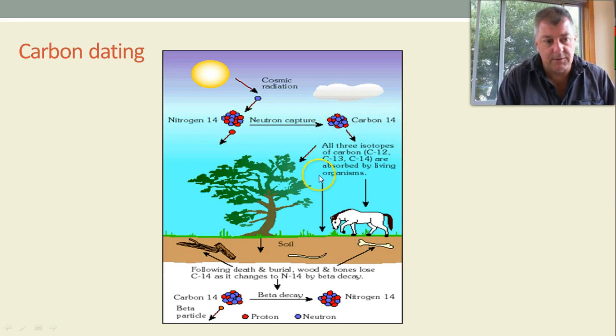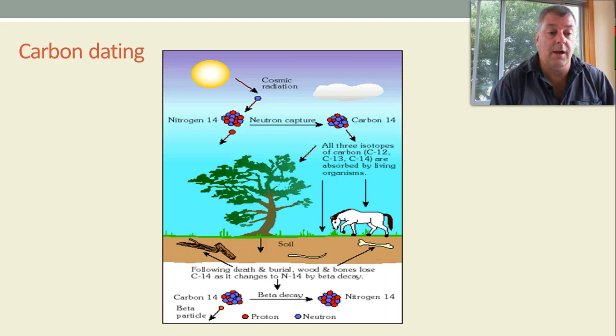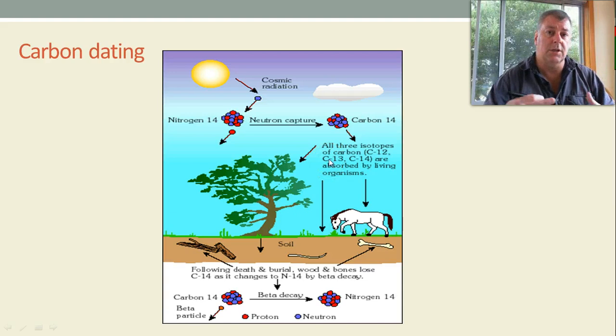Now, the atmosphere is of course swirling around and equilibrating with the rest of the atmosphere, so this carbon-14 mixes in with all the other isotopes of carbon, and so we have carbon-12 and carbon-13. So when we're breathing in and out and eating things, we're eating carbon, and that carbon is a mixture of carbon-12, carbon-13 and carbon-14, and that's a constant ratio of those because we're constantly exchanging with the atmosphere.